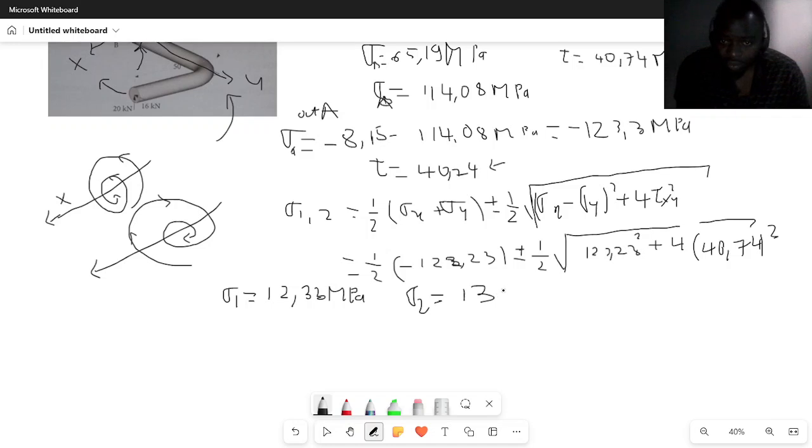It is 134,5 comma 56. Now to get the maximum shear stress, that's what they were asking there, it is simply plus minus half. There's another formula.